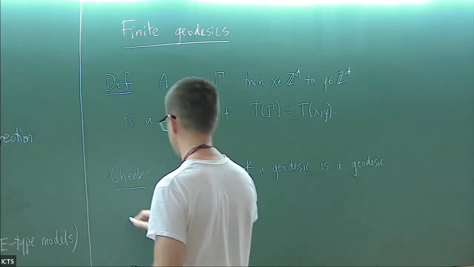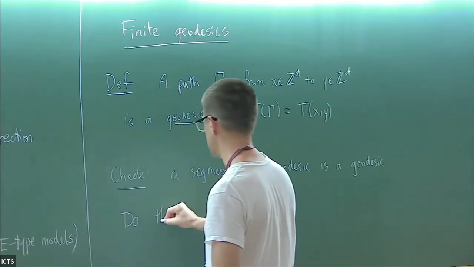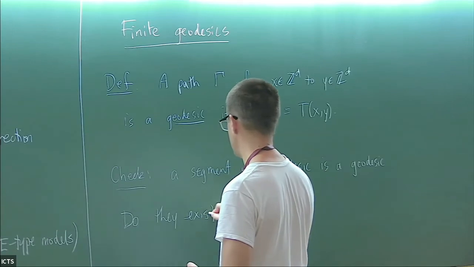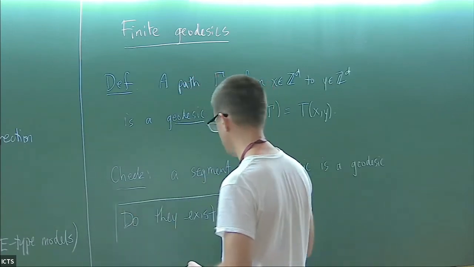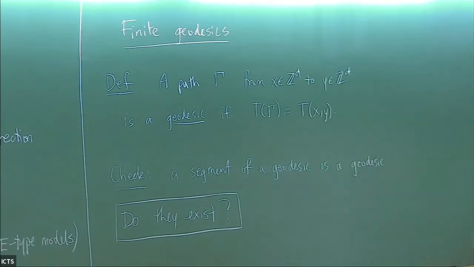Okay, first question. Do geodesics exist? Well, this question is not completely solved. There are some open parts to this, some open cases. But to talk about the cases that are solved, we'll introduce a random variable, which I'll call the passage time to infinity.